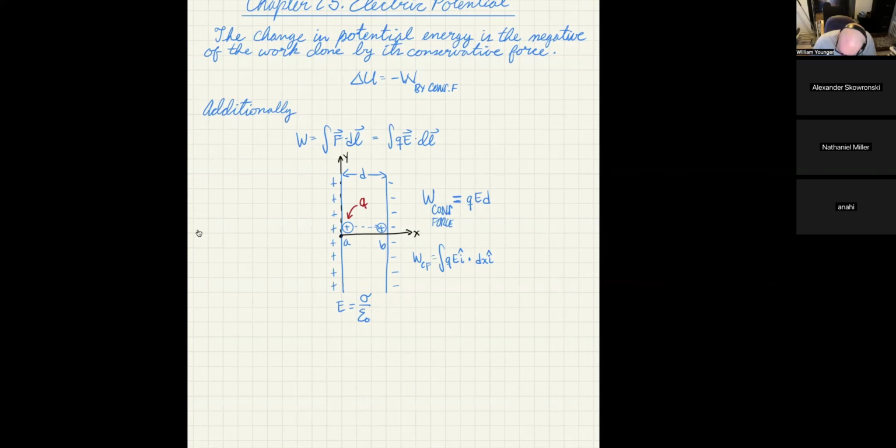So I'm going to argue that we actually use the dl to indicate the direction, and the direction is clearly positive, so I'm just going to write that like that.